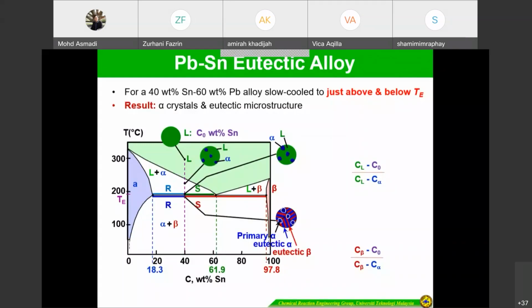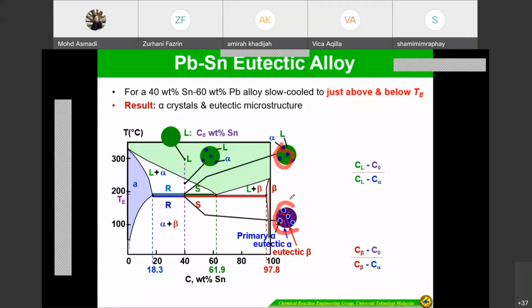If you do microstructure development, just above you still have liquid and solid. This one becomes 100% solid, alpha and beta, and they also have a pre-eutectic because this is a hypoeutectic region. This one is a hypereutectic region, which has a primary beta. This one is primary alpha.